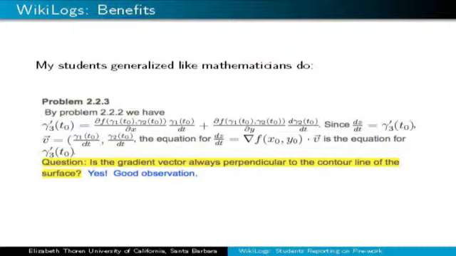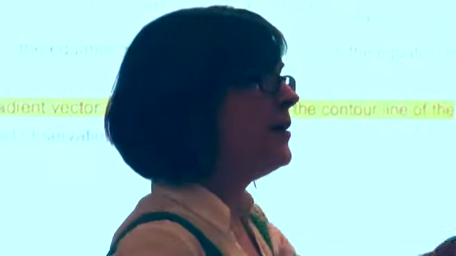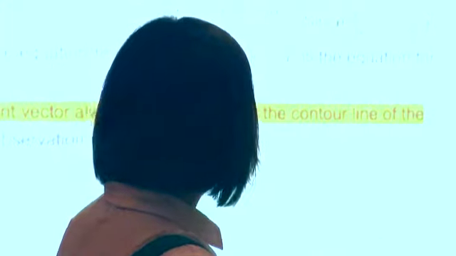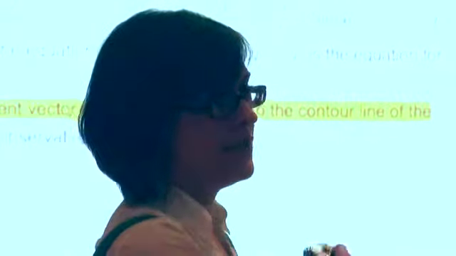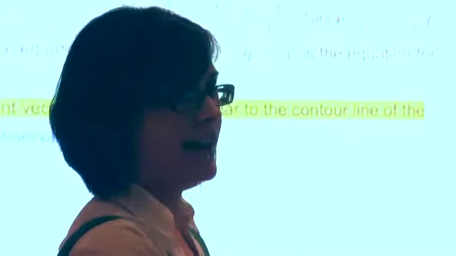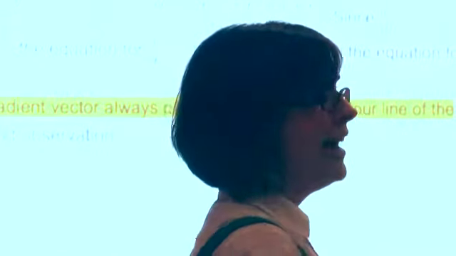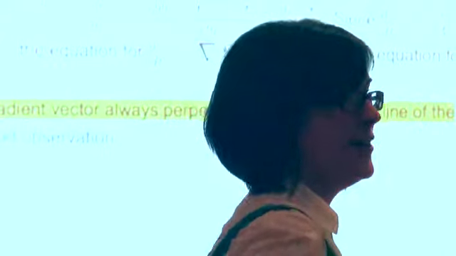But just from tinkering with the chain rule, the student makes the observation, is the gradient vector always perpendicular to a contour line on the surface? Because he saw from building the chain rule that the tangent vector is level. And I said, yes, good observation. I would never have known. This particular student is super quiet. So much is going on in his head that I didn't know about until we started doing WikiLogs.